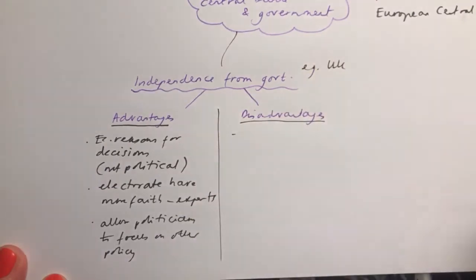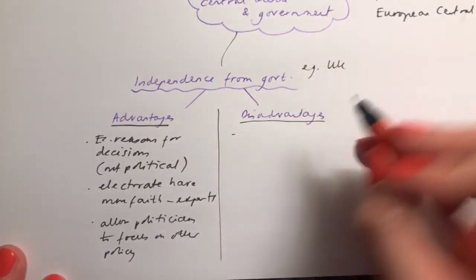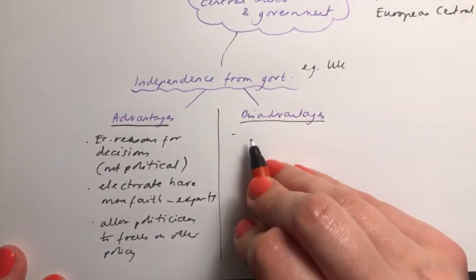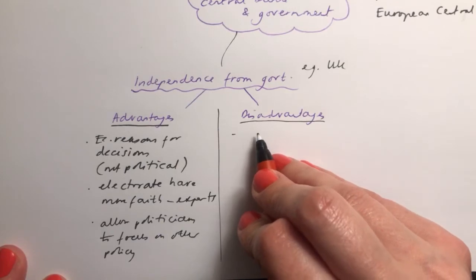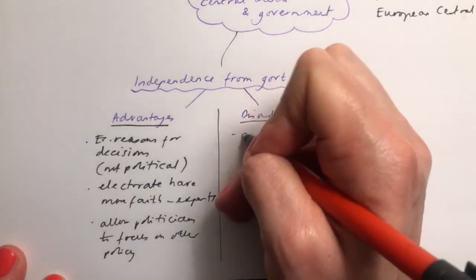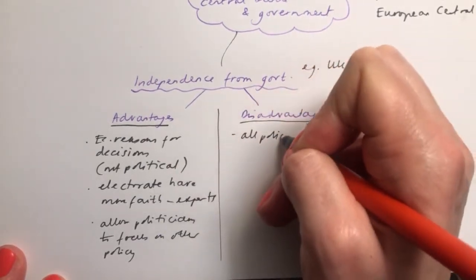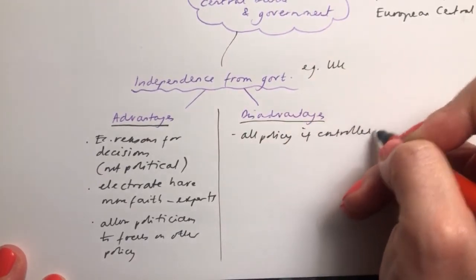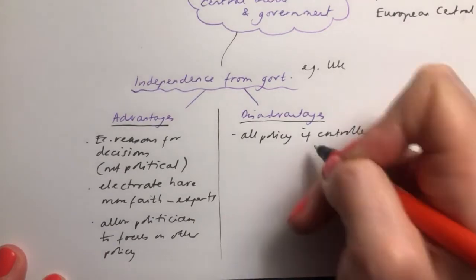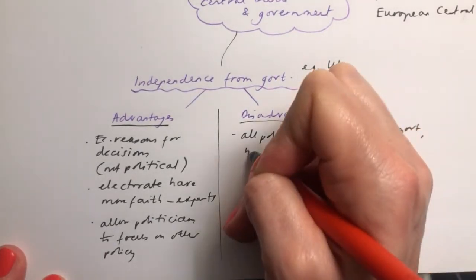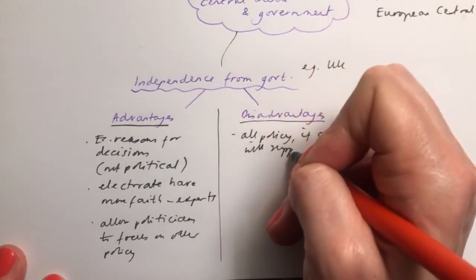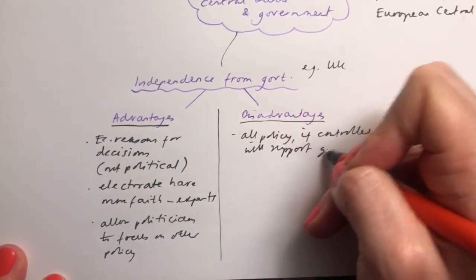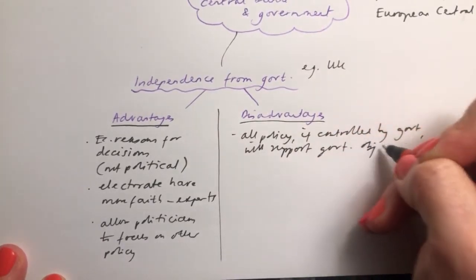If you have a central bank which is controlled by government, you can be sure that all policy will support government objectives.